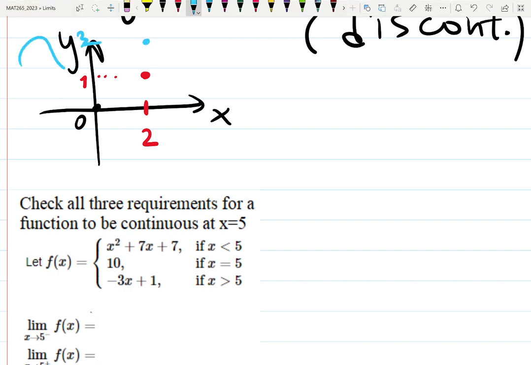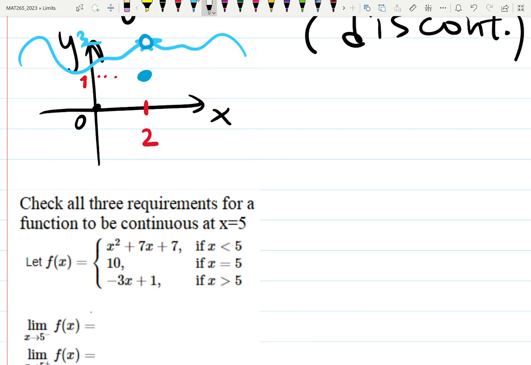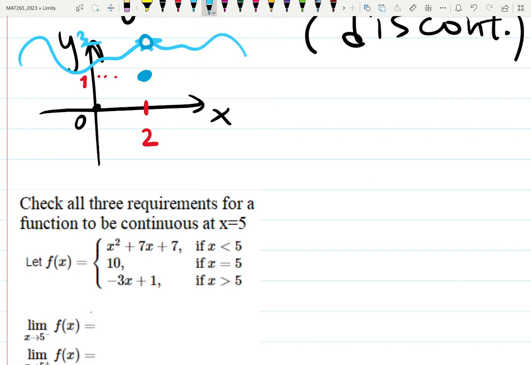So whatever the function was doing here, there's a hole. Let me put a hole. F of 2 was cut out and put somewhere else. So f of 2 is over here. Let me make sure you know it's white. It is empty inside. That's called a hole or removable discontinuity.